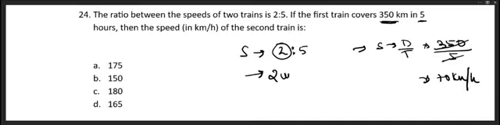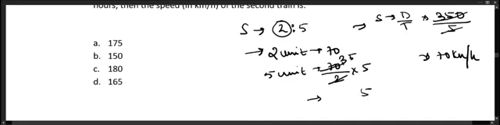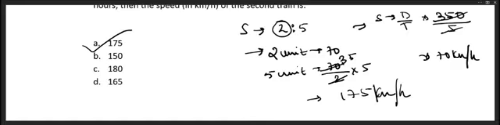So if 2 units is equal to 70 km per hour, then 5 units will be 70 by 2 into 5, that is 35 times 5, which is 175 km per hour. Option A is the correct answer.